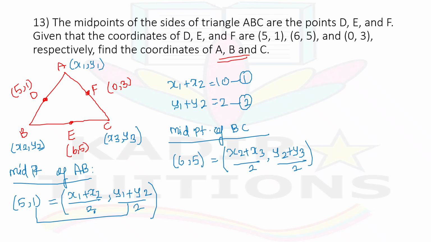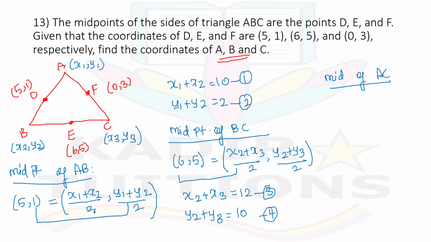Okay, so now what we can do? We can compare the x coordinate and make an equation. x2 plus x3 is 6 into 2, 12. Okay, and then y2 plus y3 is equal to 5 into 2, 10. So you can mark these as equation 3 as well as equation 4. Now we will find the midpoint of AC.